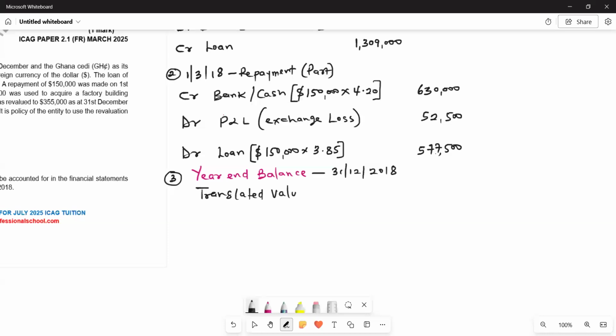Assume we are supposed to pay the loan today. Would have paid how much? Would have paid the remaining amount, which is 340,000 minus the 150,000 at the closing rate, 0.65.